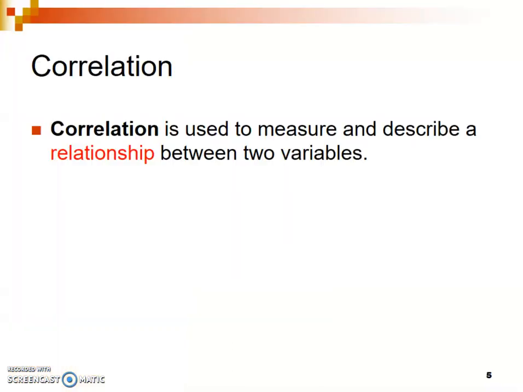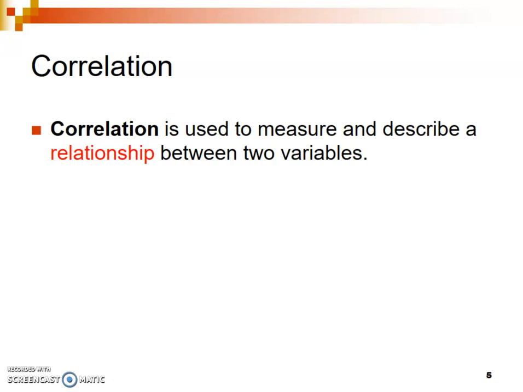So a correlation is really just a measurement of a relationship between two variables. Correlations in general look to see if two different variables are related to each other. Normally we're going to identify these two variables as X and Y, and you can think about those two variables in a graph format.